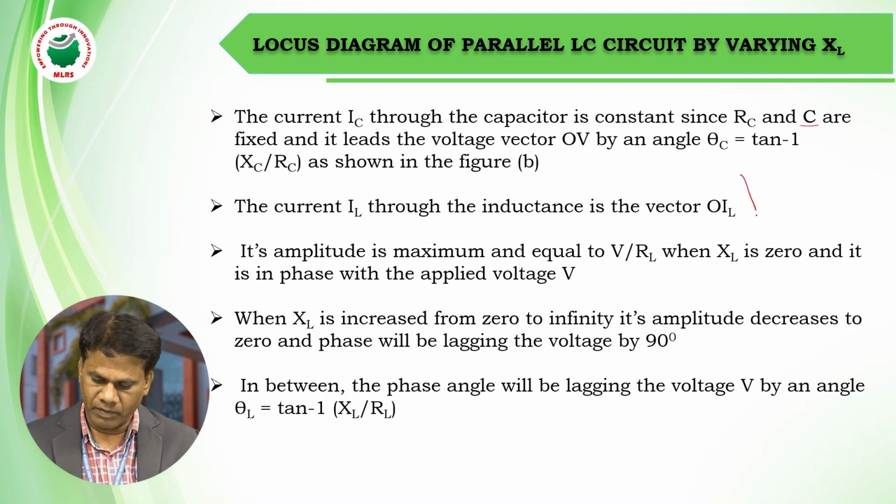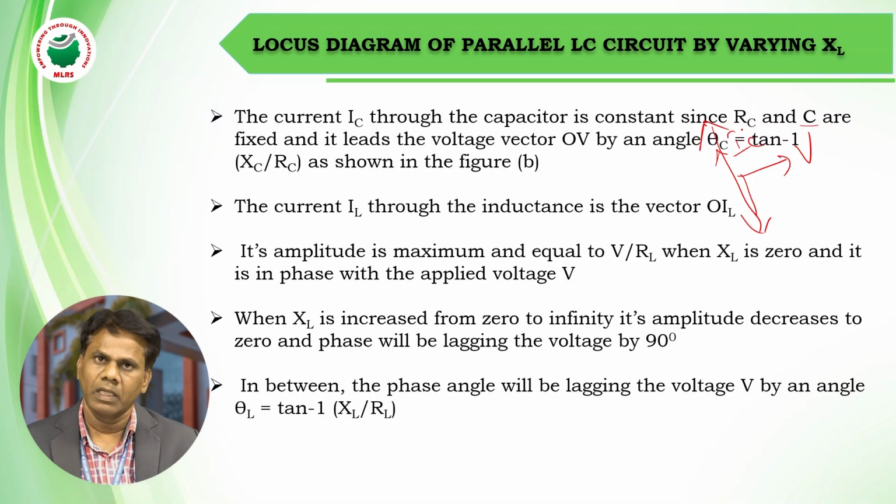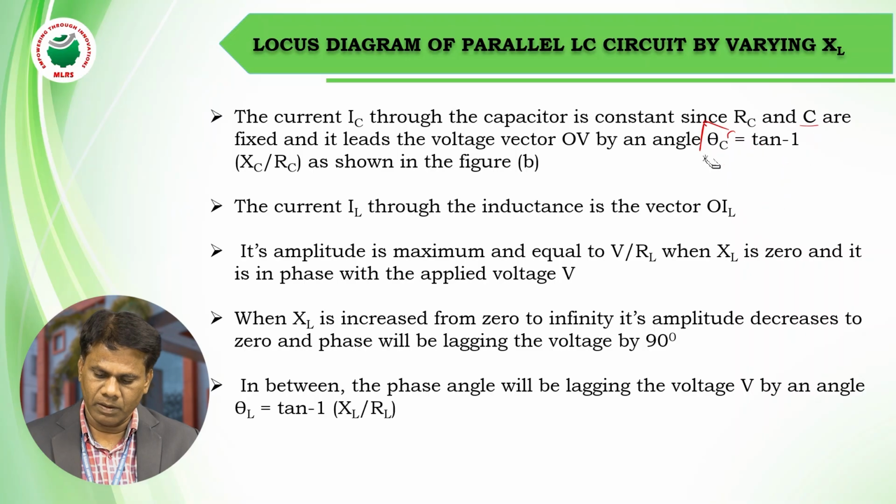In a phasor diagram with V as the reference, the current flowing through the capacitance is leading, whereas the current flowing through the inductance is lagging with respect to the applied voltage. This is the basic thing you should remember.